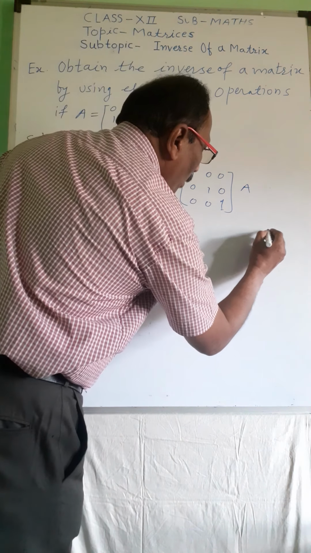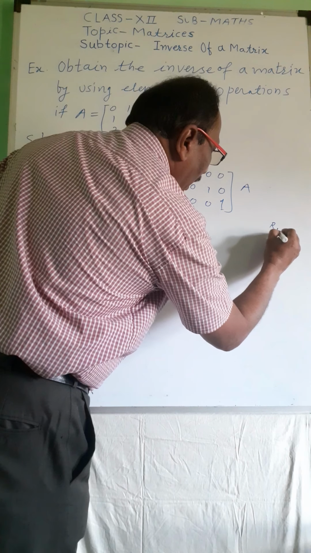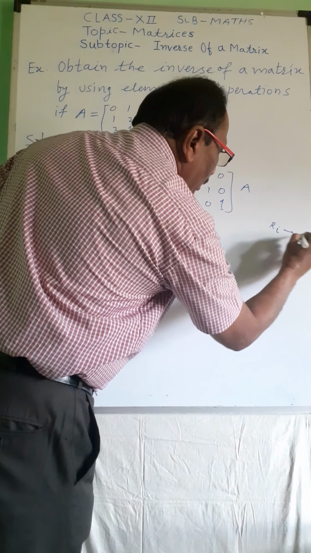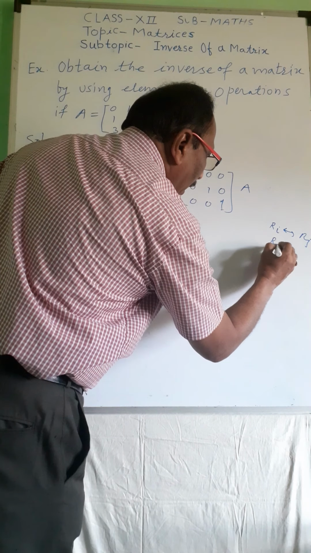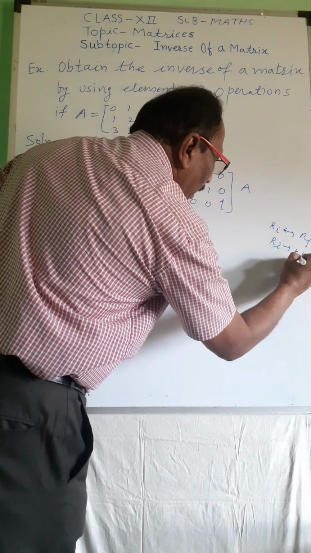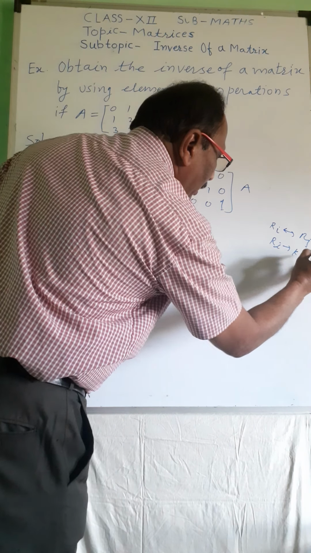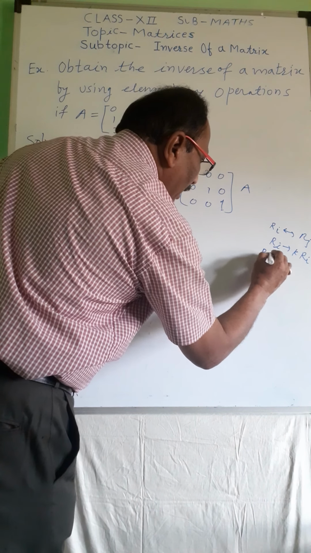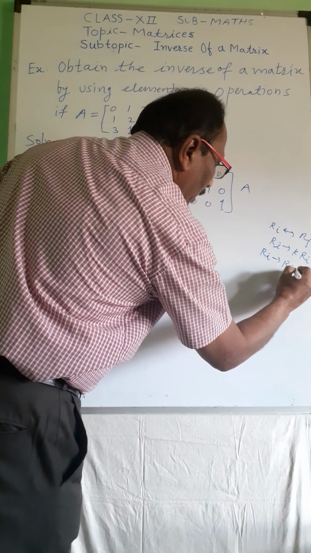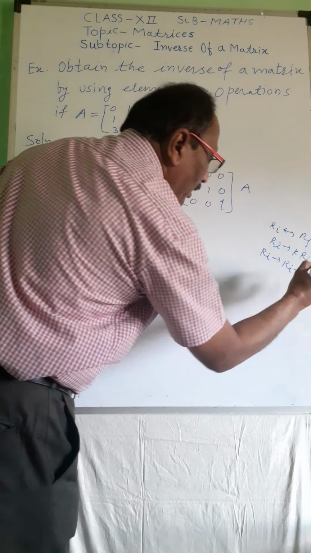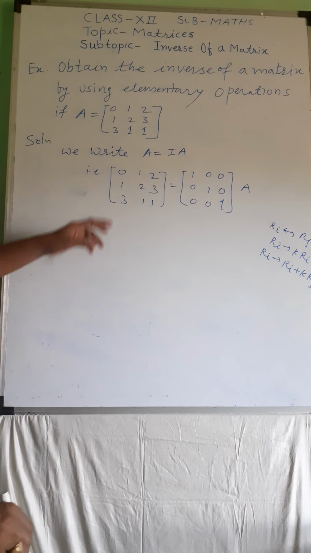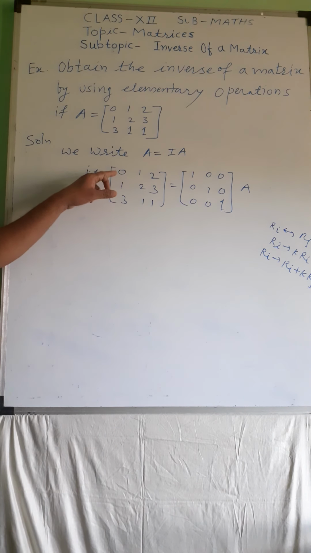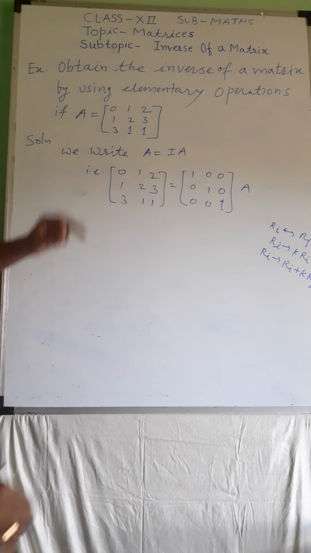That's why we have 3 row operations. First, Ri to Rj. Second, Ri changes to K into Ri. Third, Ri changes to Ri plus K into Rj. Here, if we have to take 1, by changing the second row to the first row, then 1 will come here.